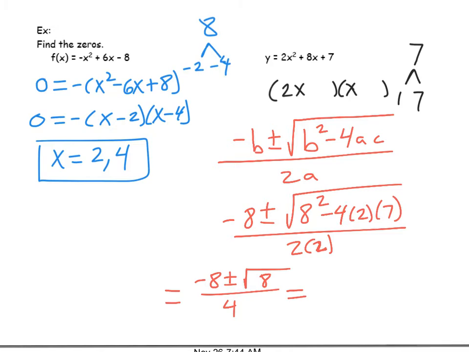Everything simplifies pretty quick, right? We do get a positive number underneath the square root, which can be simplified. Looking right here with 8, that radical can be reduced down to 2 square root 2.